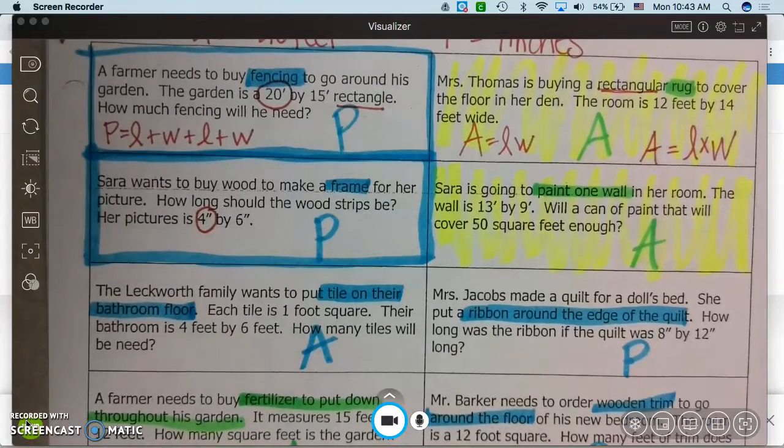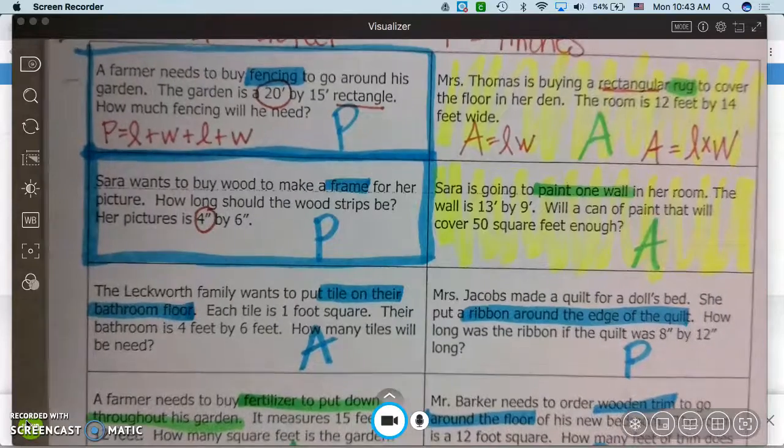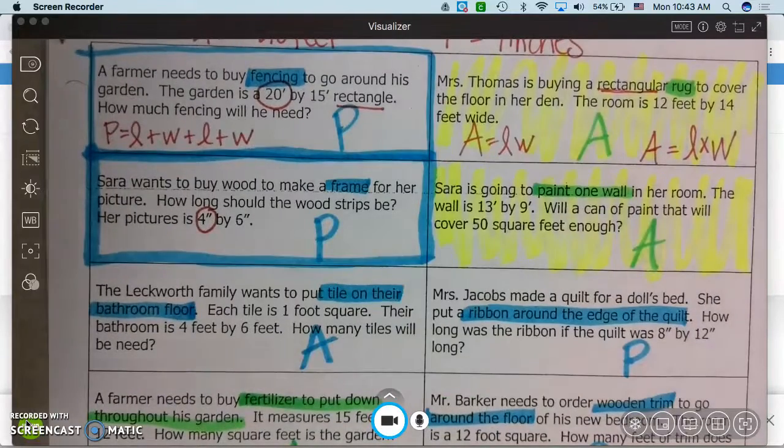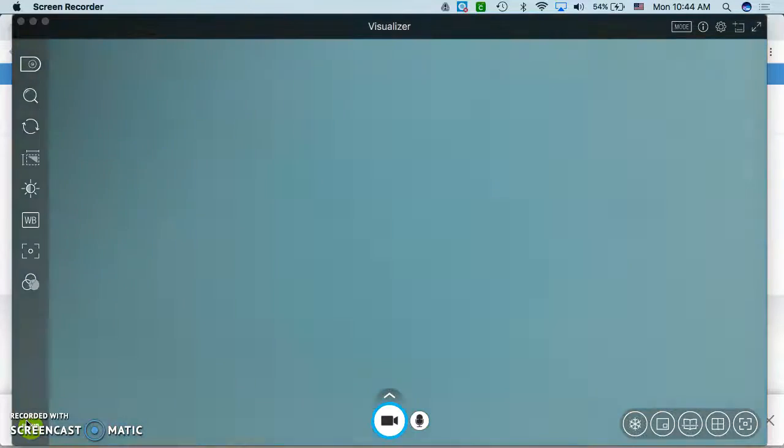We don't have trim here, but see where that gray part is around the door? That would be the trim around the door. Our windows don't have trim. But a lot of houses also have baseboards. So like the board down at the bottom of the wall where the floor and the wall meet, that's baseboard. We have that little gray plastic thing around in our classroom. That would be your baseboards. But that would be the perimeter of something. All right, let's look at the next one.